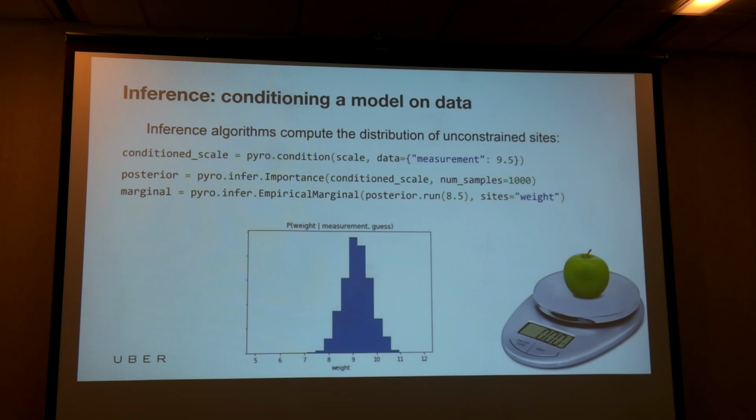Having done this, how is this affected if you put like 2? Well, in this histogram here, you can see that even though our guess was 8.5, the center of mass is closer to the measurement at 9.5.